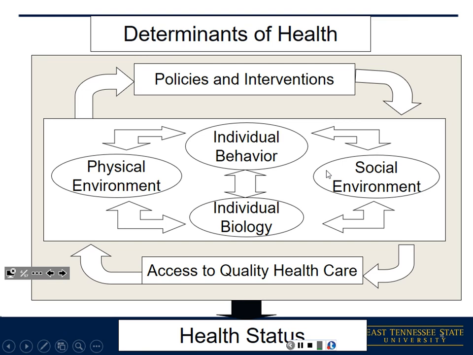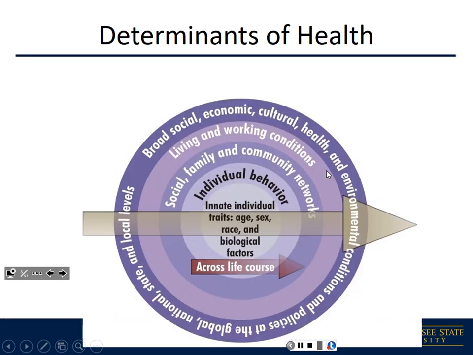We highlighted the important interactions among the determinants, and we emphasized that really for public health interventions, meaning policies and or programs, for them to be effective, they need to address not only individual behaviors, but also the broader determinants of health.